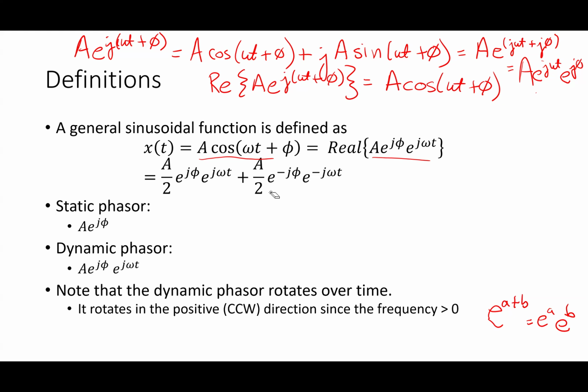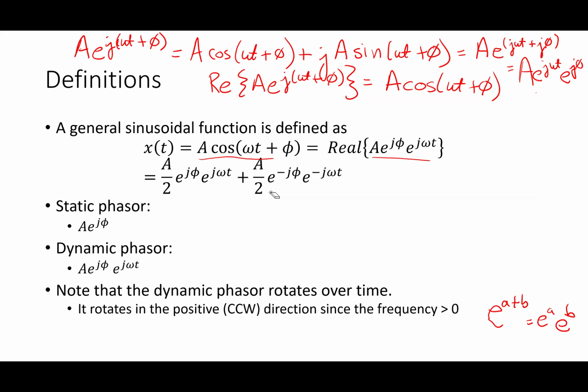If I use the term static versus dynamic, what does that mean when I'm talking in terms of time? What's the difference? Static doesn't change with time, and dynamic does. So in a e to the j phi, whenever I have omega t plus phi, the phi is the offset from where cosine is at t equal to 0.